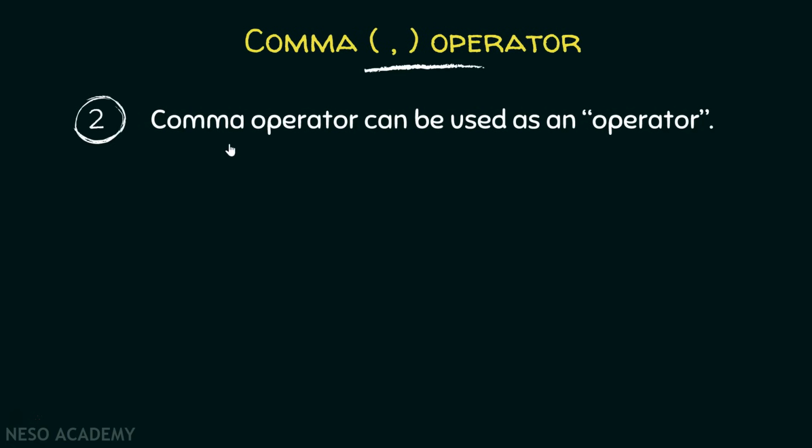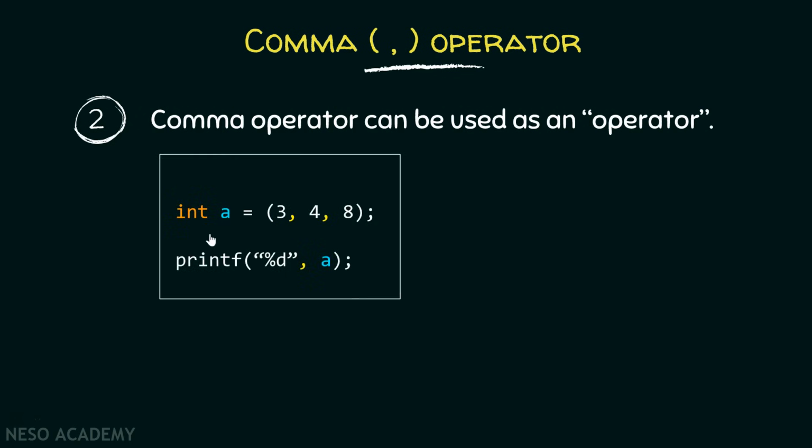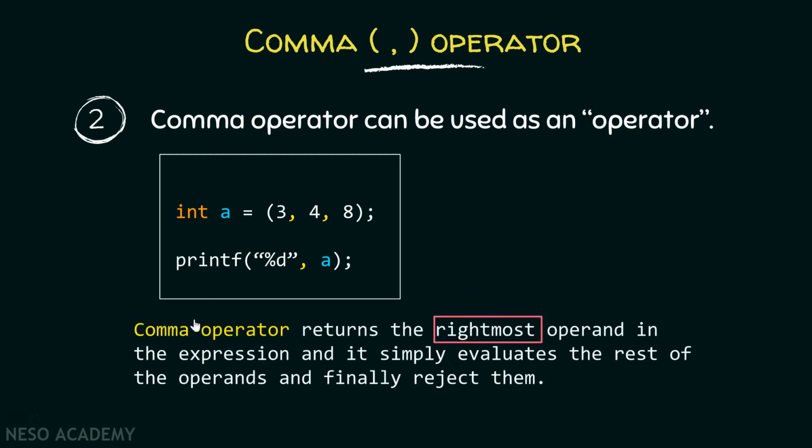Apart from that, comma operator can be used as an operator. Now let's try to understand this point as well. In this example, I declared a variable and assigned it an expression 3, 4, 8 with brackets and a semicolon. And we're trying to print the result of A. What would be the result? Comma operator returns the rightmost operand in the expression.